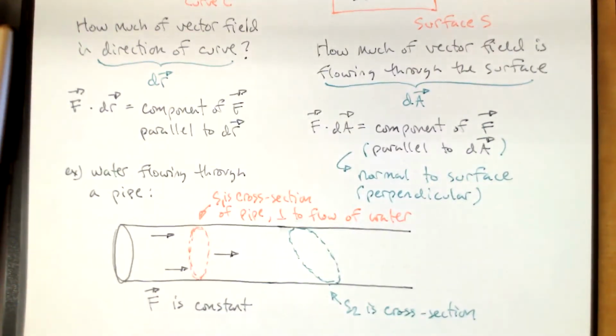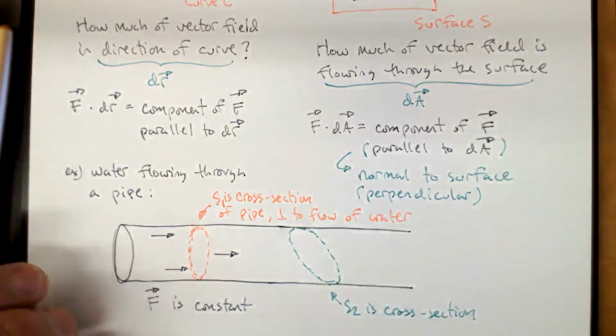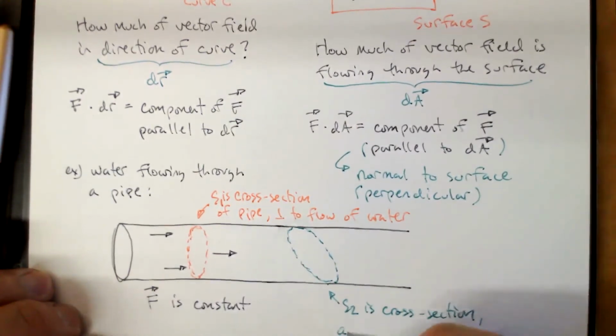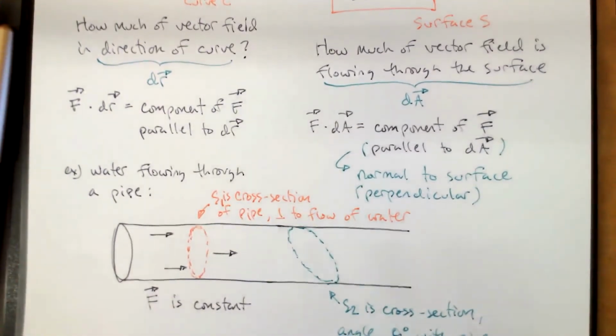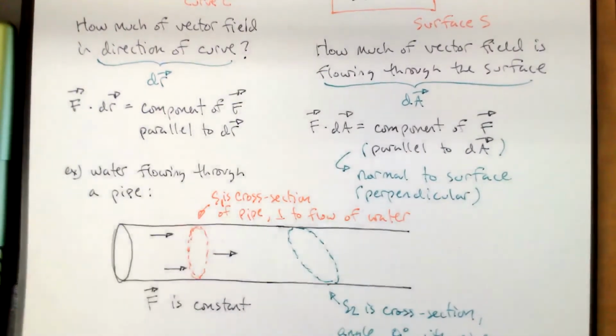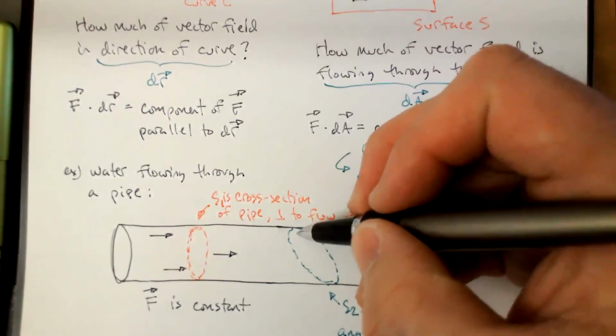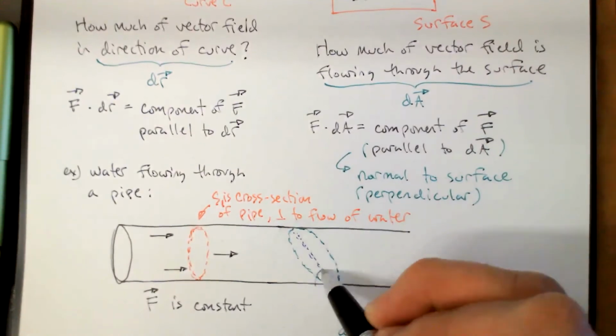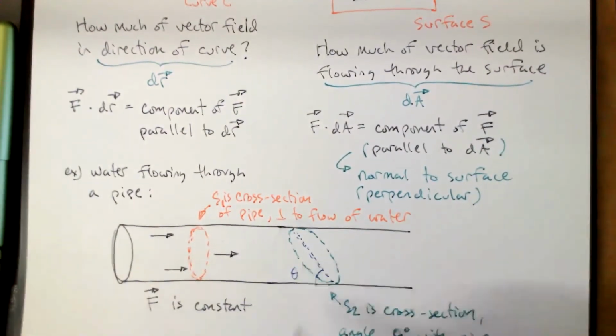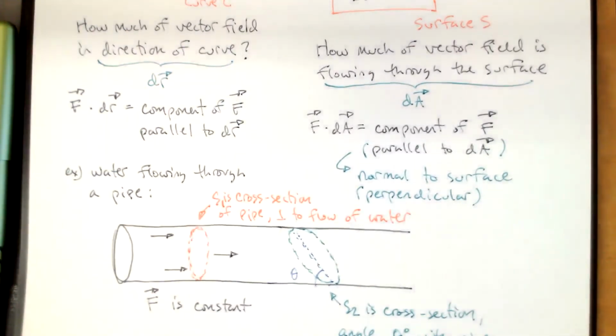Our second surface is also going to be a cross section, but it's going to be at an angle with the pipe. So instead of taking a circle straight up and down, we're going to angle the surface.